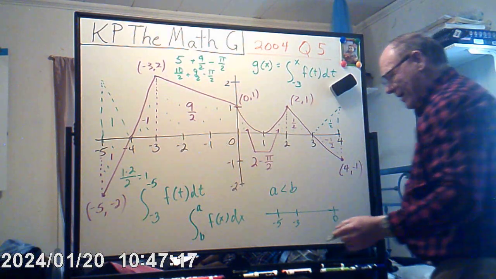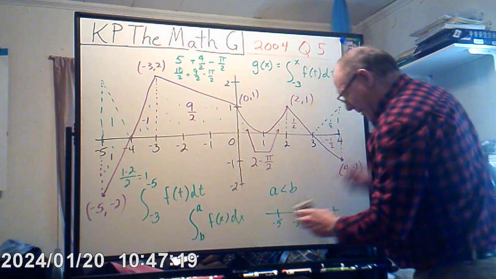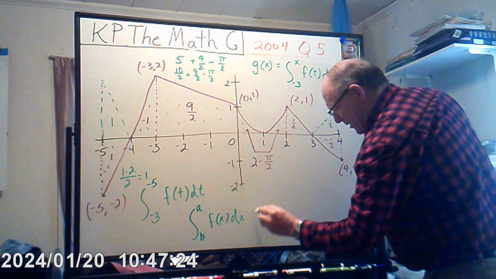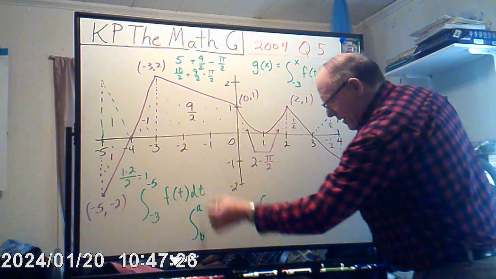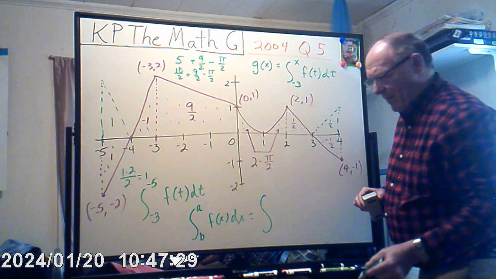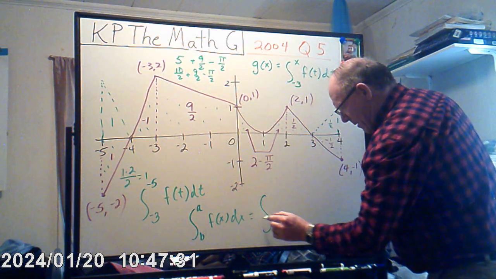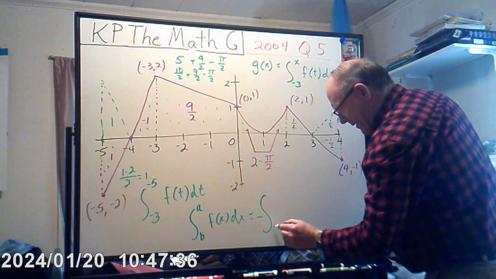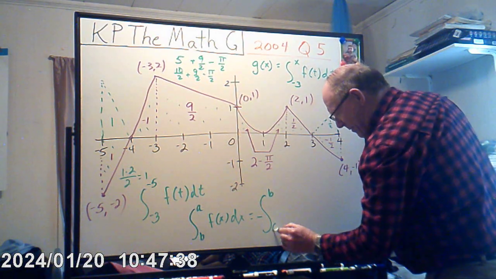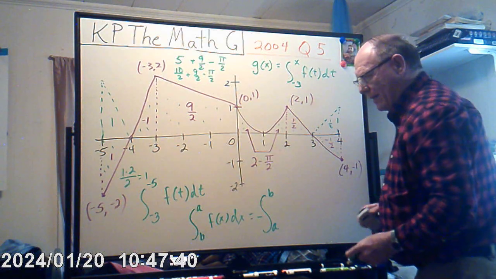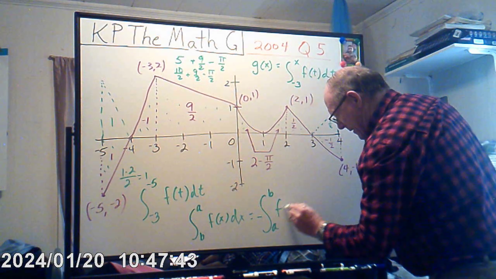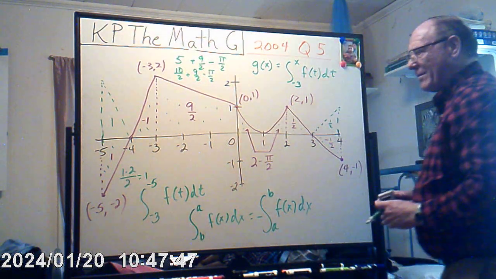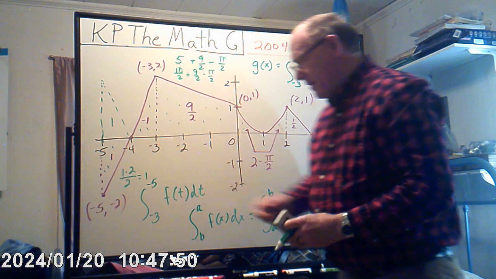And there's a rule that says if that's true, on integration we switch the limits of integration, but we put a negative sign in front of the integral. So we can put the negative here, and then f(x) dx. That's what you've got to remember when you're doing this right here.